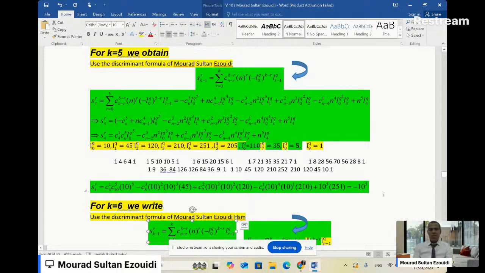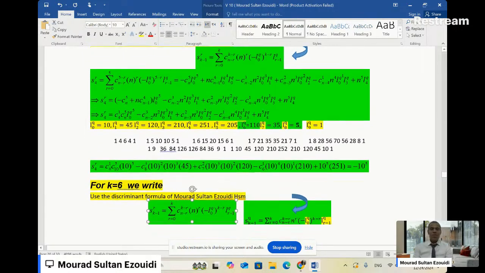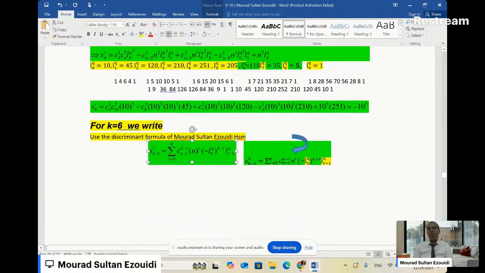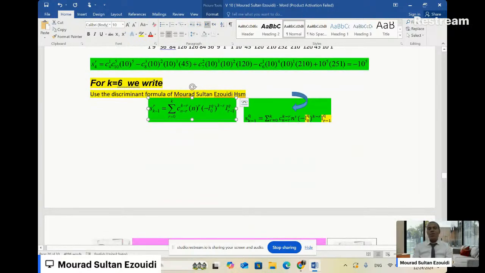So the sum of this is minus 1 multiplied by 10 raised to the power 5, which is minus 10 raised to the power 5, meaning minus 100. Now for k equals 6, I will try to substitute k equals 6 in the discriminant formula of Mourad Ezouidi.